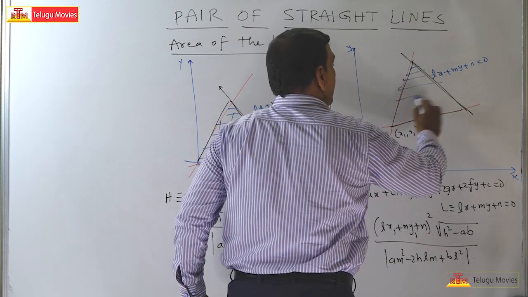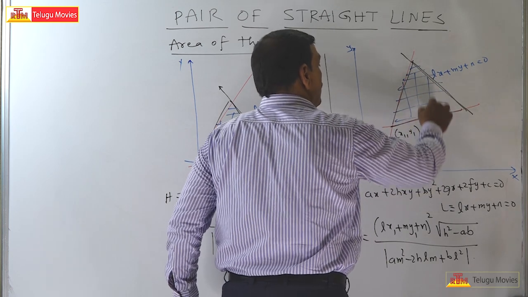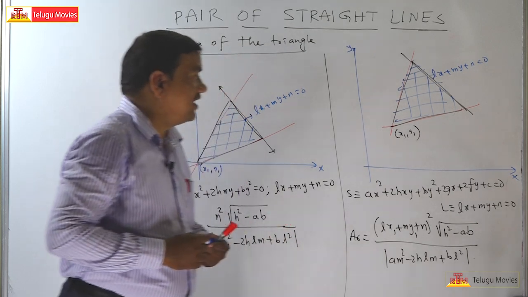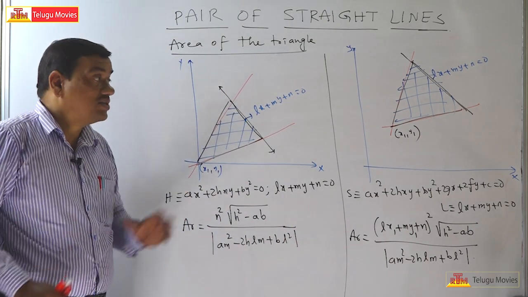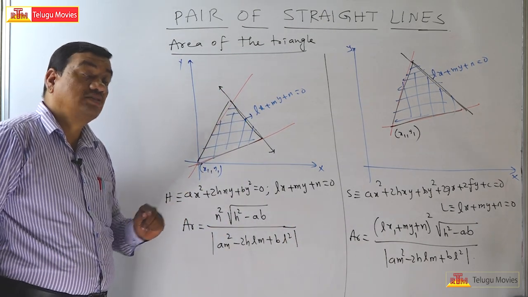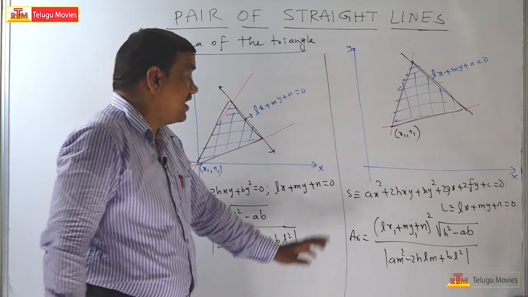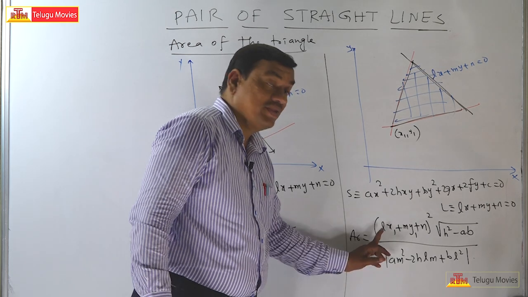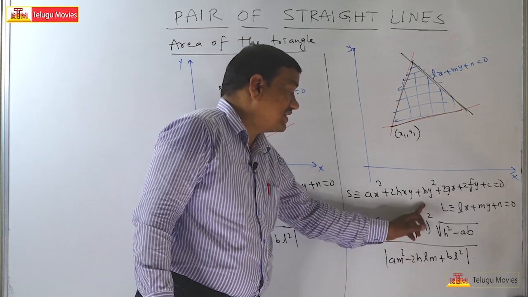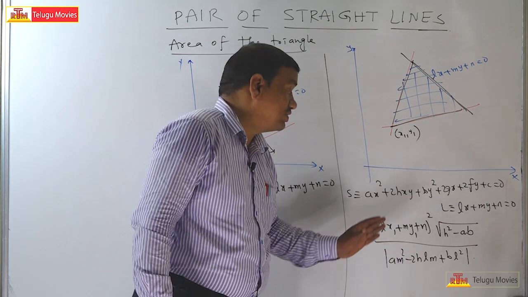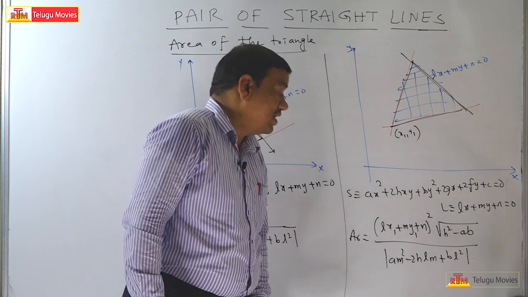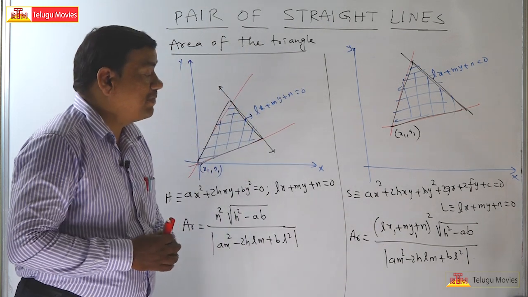Now, if you want to find the area of this triangle, what is the formula? Here x1, y1 is the point of intersection of the pair of lines. Then the area is given by the formula (lx1 plus my1 plus n) whole square, times the square root of h square minus ab, upon am square minus 2hlm plus bl square.